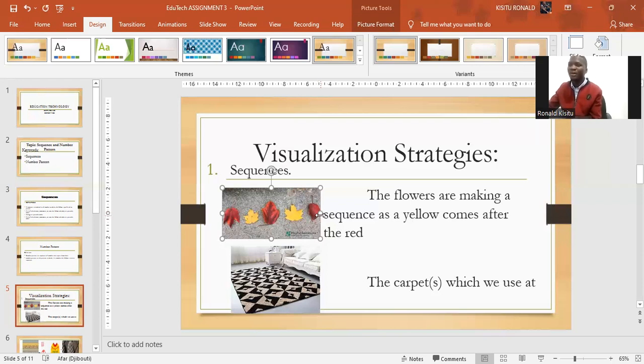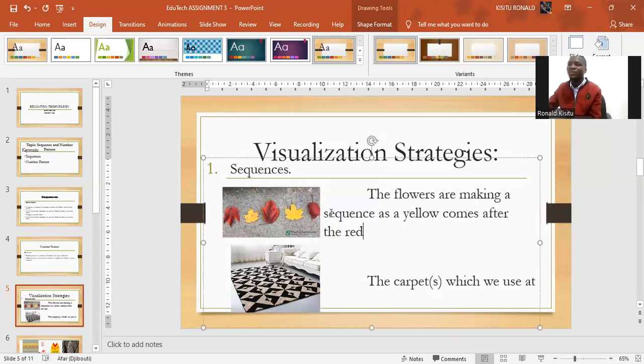Now, if someone asks a learner which flower is going to be next, looking at how they are arranged, someone can easily notice that the next flower is going to be yellow.